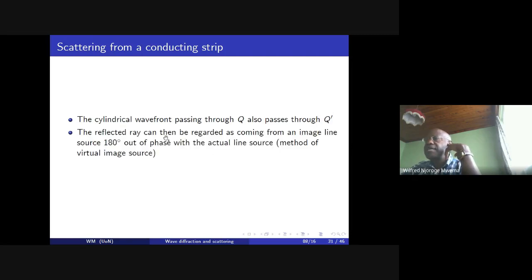And the reflected ray can therefore be regarded as coming from an image line source that is 180 degrees out of phase with the actual line source, because the tangential component of the electric field intensity must be 0 at a conducting surface, and therefore the image line source must be changed in phase so that it's the negative, so that the fields from the image source and the actual source cancel out at the position of the conducting strip.